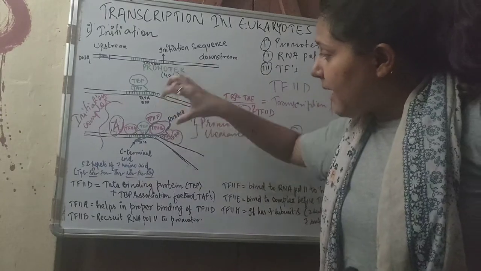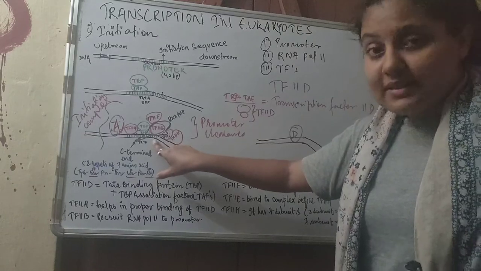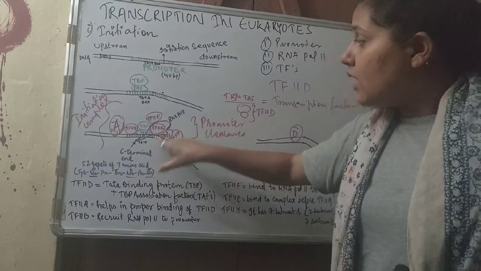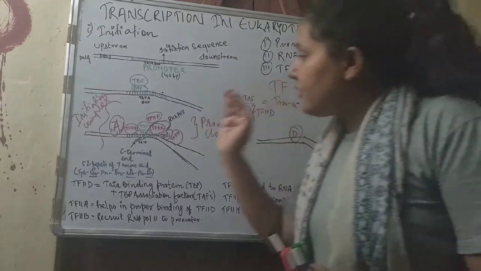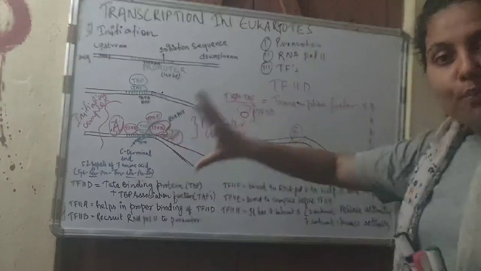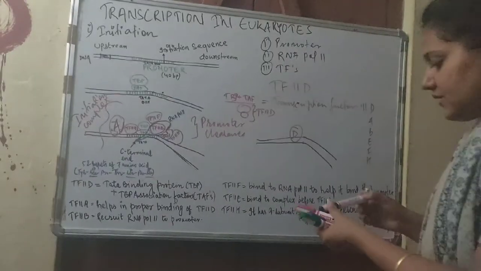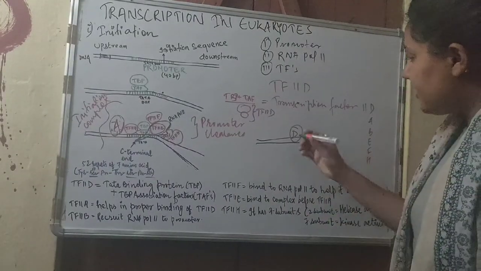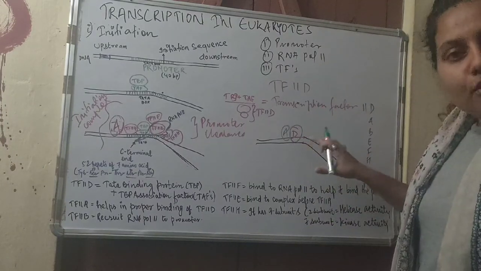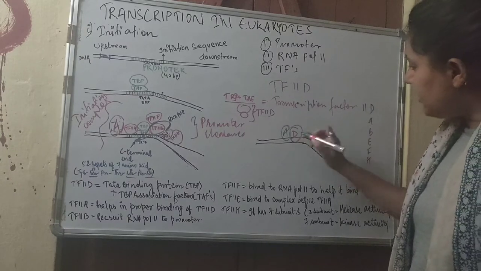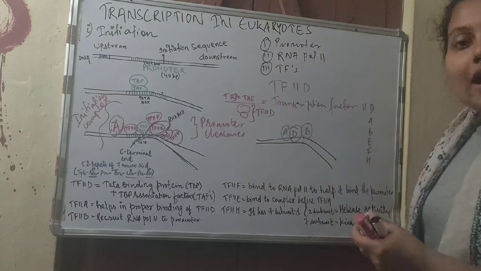B will come and bind to the same region near the TATA box in the promoter site, and then it will recruit RNA polymerase 2. After A, B will come and bind on the opposite side, and then it recruits RNA polymerase 2. After D, A comes and binds, and it helps in the firm attachment of D to the promoter region, and after A, on the opposite side, B comes and binds. Now it will call the RNA polymerase.